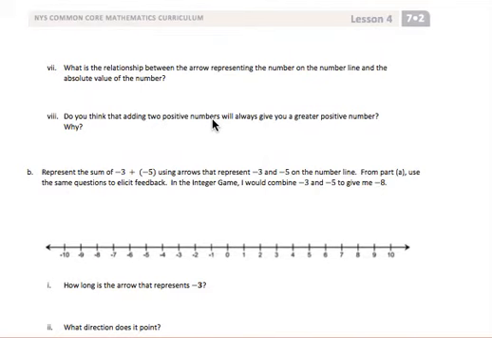Judging from our number line example, we started at 0 and went a certain distance to the right, and then because our second number was also positive, we started at that ending point and continued going that many more to the right. So it would stand to reason that as we continue going right, we will continue to get a greater positive number if we are adding two positive numbers.